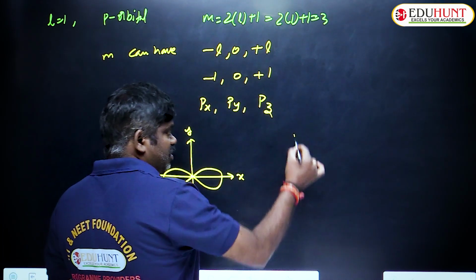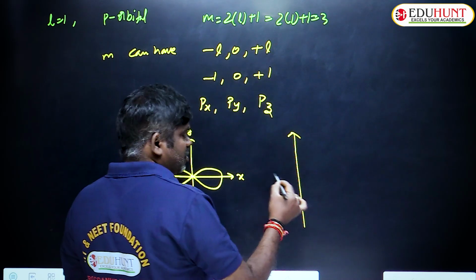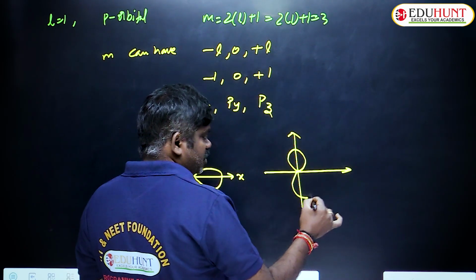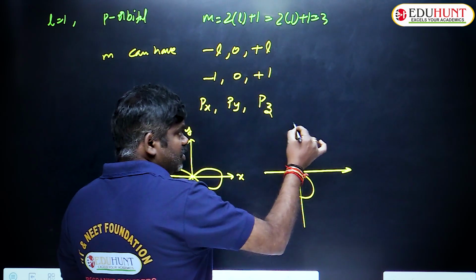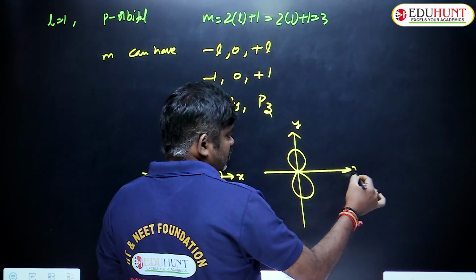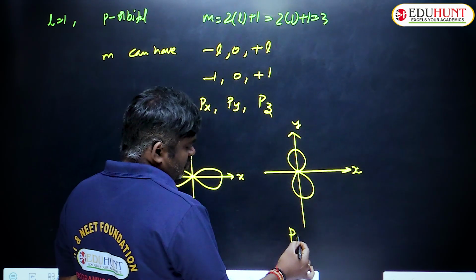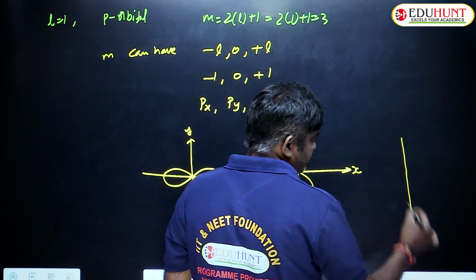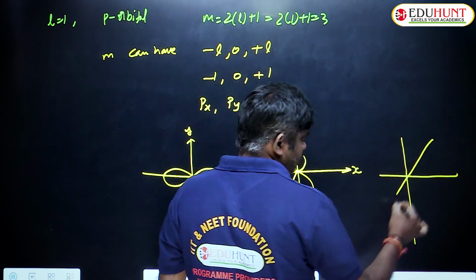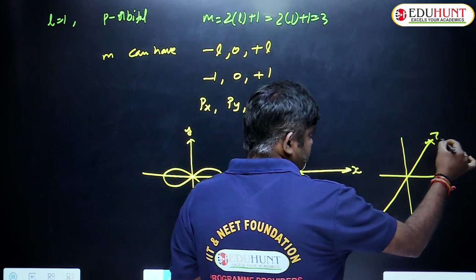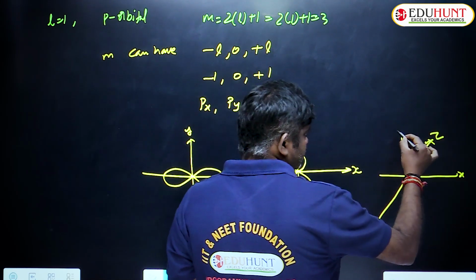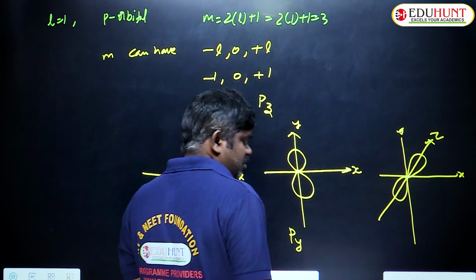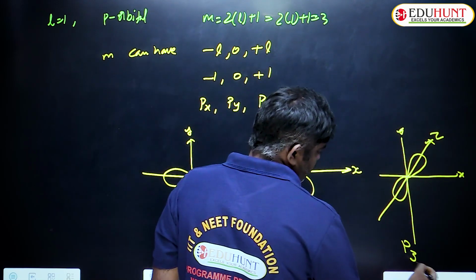And if you take another one, the orbital present along the y-axis is known as the Py orbital. And take another one, the z-axis, x-axis, y-axis. Now, the orbital on the z-axis is known as the Pz orbital.